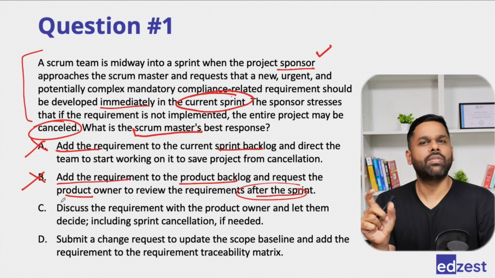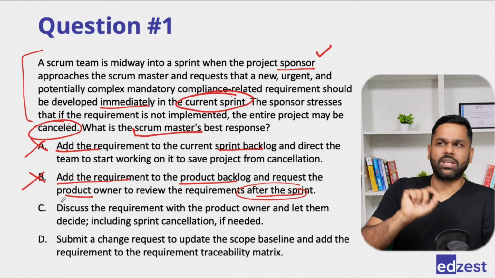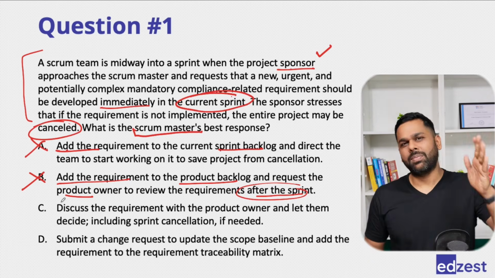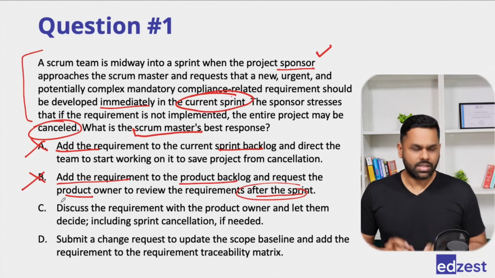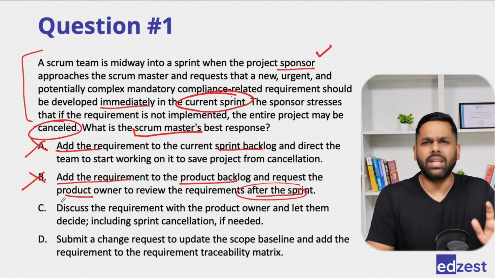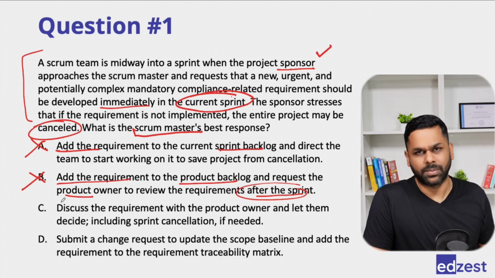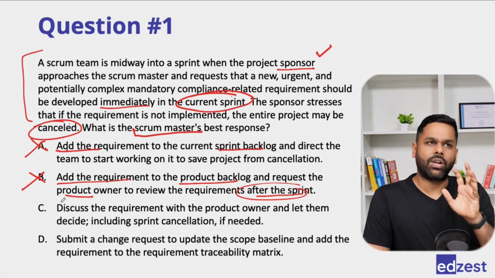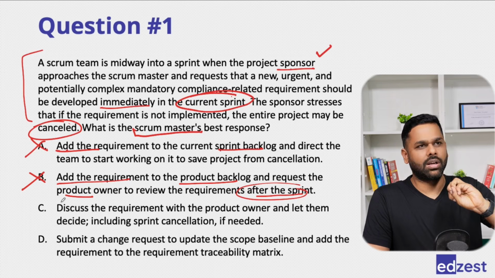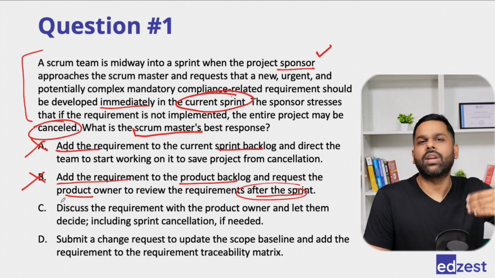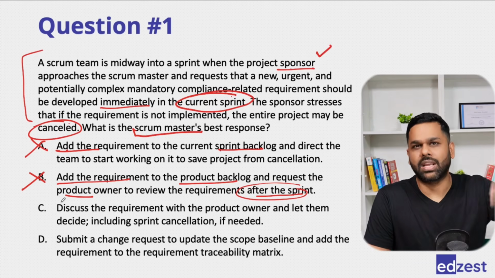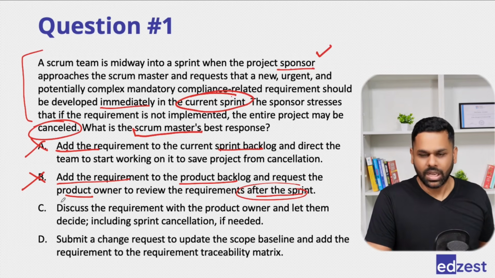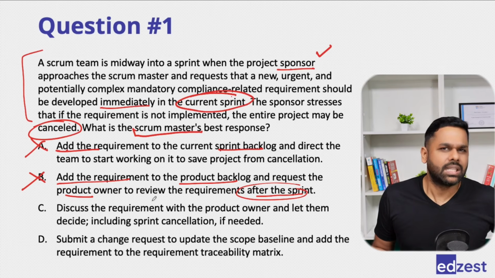So even the product owner will not add the requirement, edit the requirements, or omit the requirements once sprint planning has been done. This is to ensure that there is a predictability in the Scrum framework, in the Agile frameworks that we use. Right? It is very, very important for the stakeholders, for the downstream to know what we are about to achieve so that they can plan themselves. Right? So for that matter, we don't add anything within the sprint.